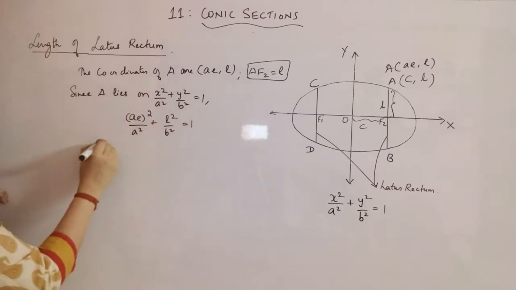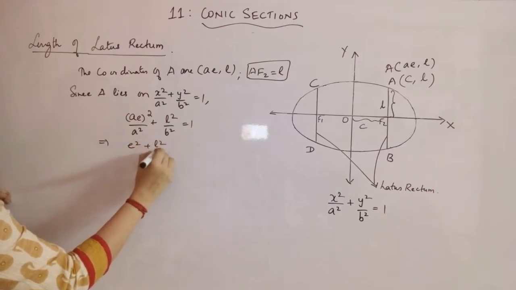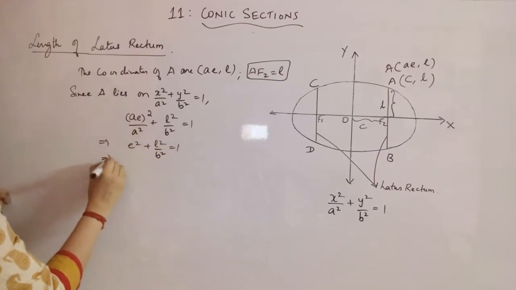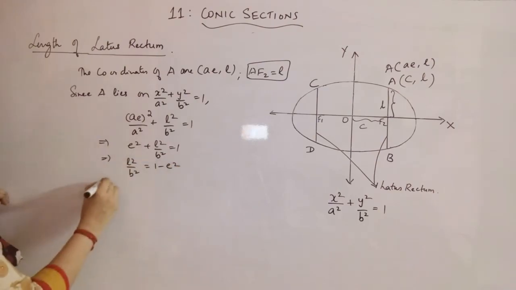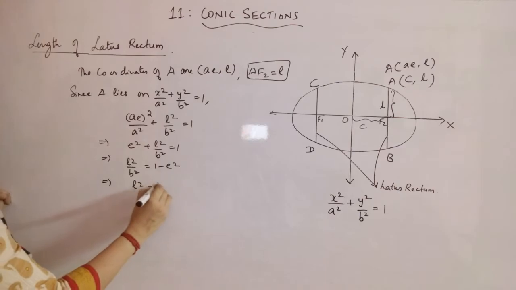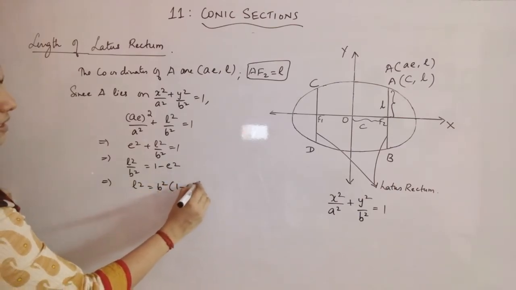Now a square cancels, so e square plus L square by b square equal to 1, or L square by b square equal to 1 minus e square. That gives L square equal to b square into (1 minus e square).